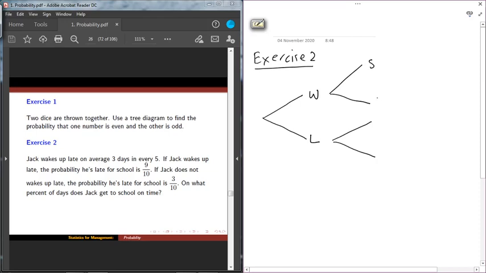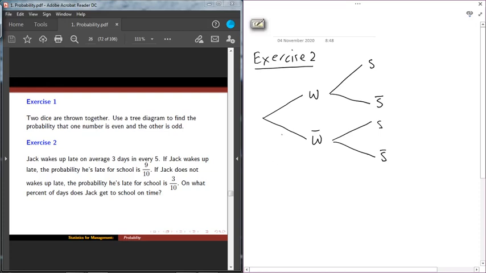Jack goes to school. This one goes to school on time, this one goes to school a bit late. This is late for school. I put a bar there, so also I can put a bar here. If I put a bar there, then it is the contrary of the previous one.